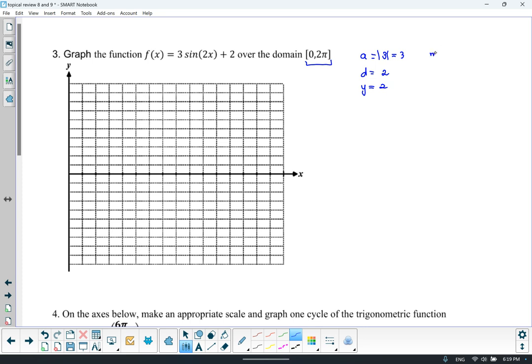When we graph, we want to find the maximum value. That's a plus d, the amplitude plus the vertical shift, which is 3 plus 2, or 5, and the minimum value, which is the negative of the amplitude plus the vertical shift. So it's negative 3 plus 2, which is negative 1. I'm going to write that down here.